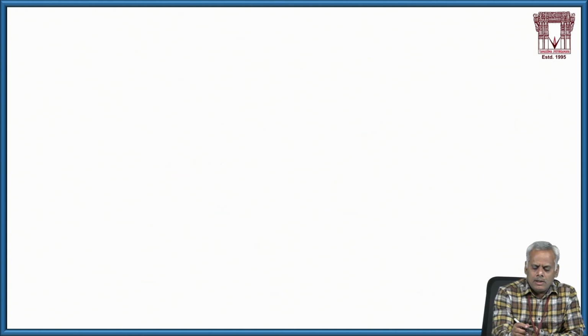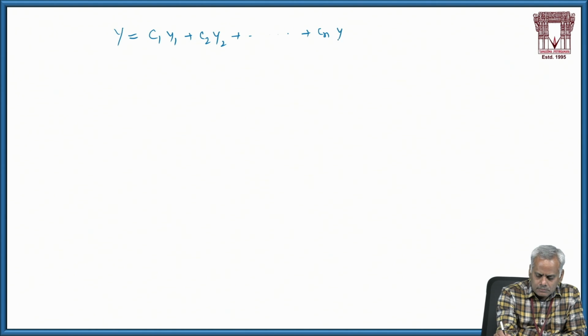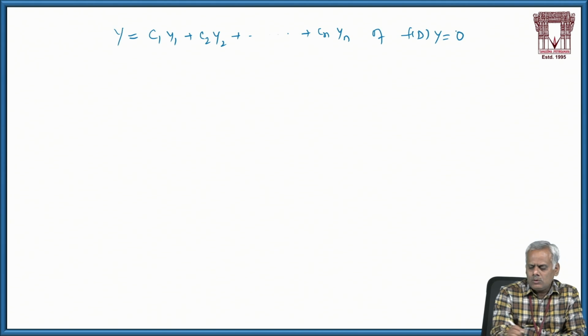Now this solution, that is y is equal to c1 y1 plus c2 y2 up to cn yn of f of D of y is equal to 0, is called the complementary function.